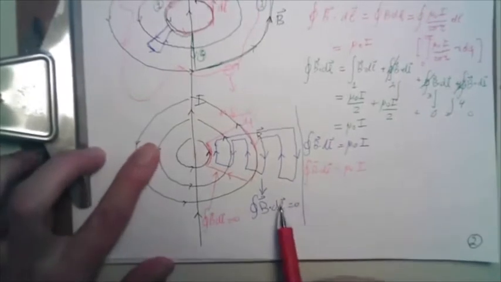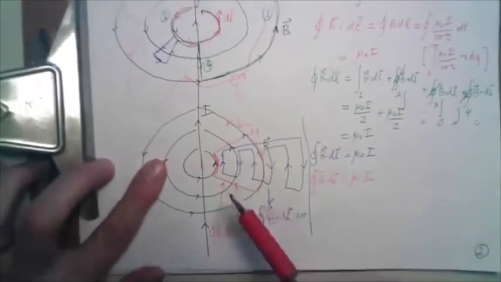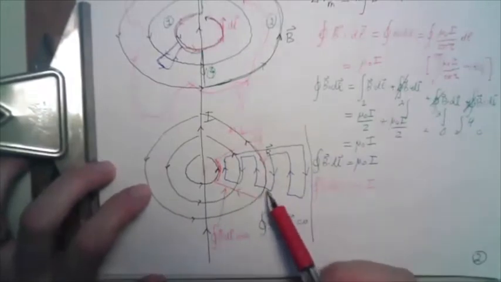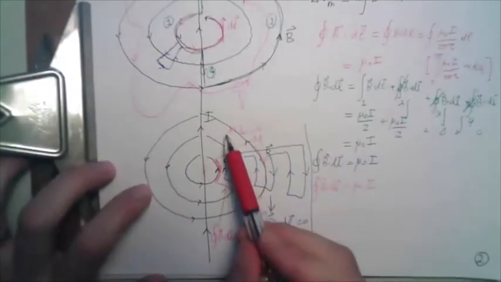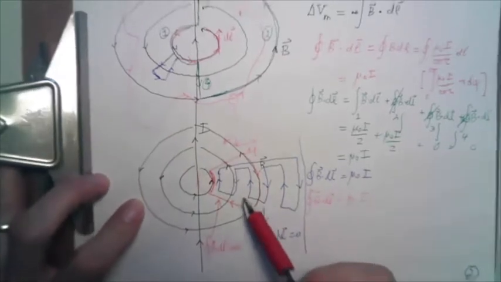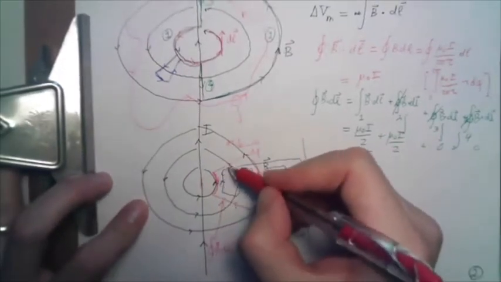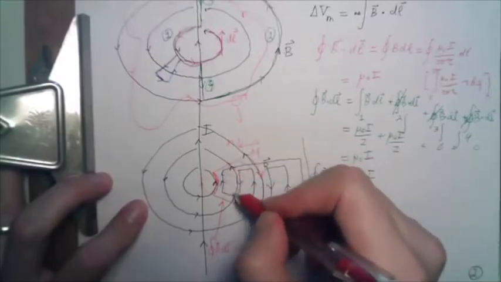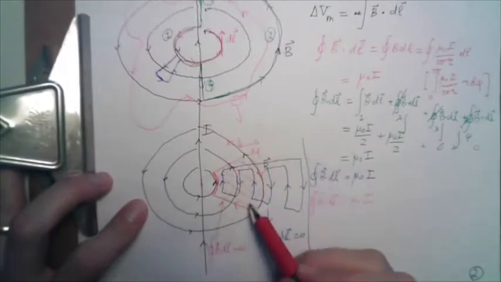So the only thing that distinguishes a 0 integral from a non-zero integral is the fact that the path needs to go around this current carrying wire. Or if you want to look at it differently, this thing spans a surface, like a little soapy membrane.